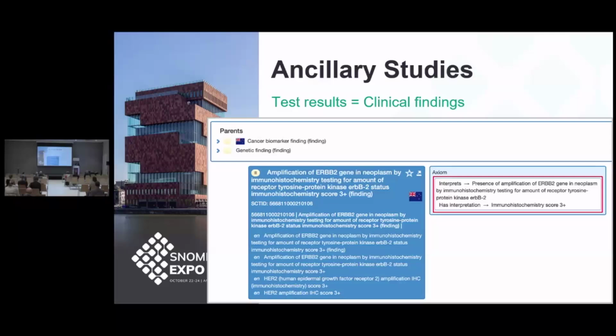So we can have a more generic, broader HER2 amplification field, and it can be populated with any of the findings which come from a pathology report, and each interpret different observables. We can talk afterwards as well.